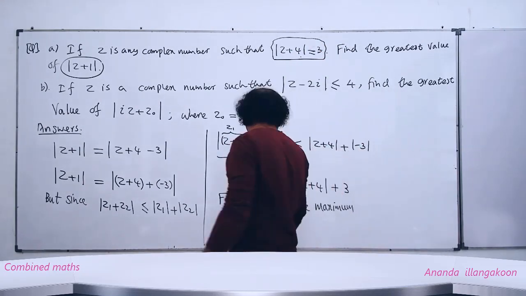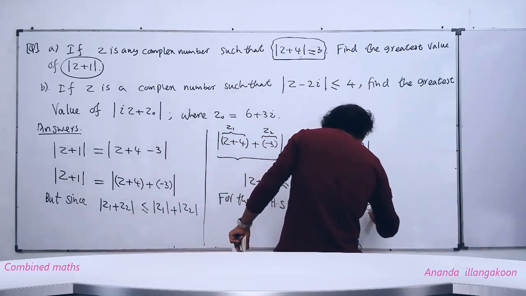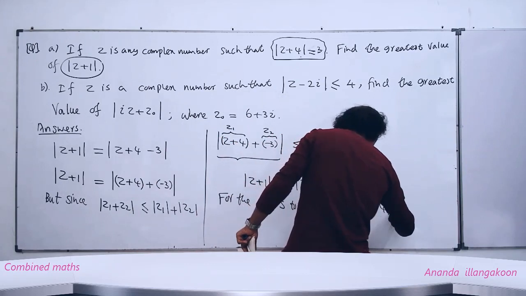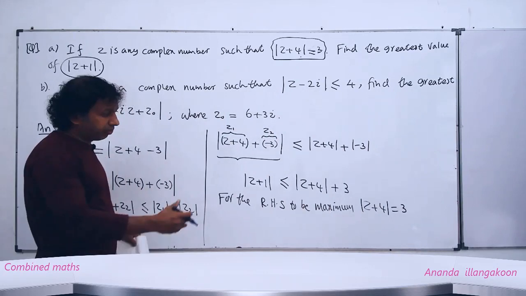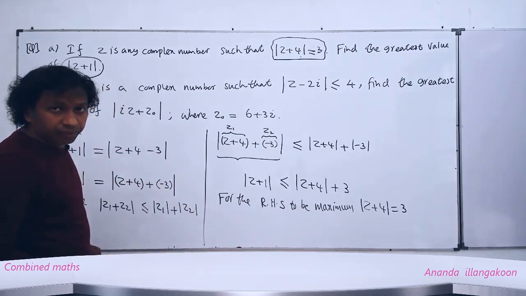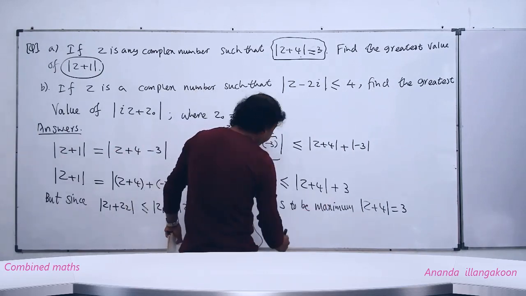It is 3. Then |Z + 4| should be equal to 3. The right hand side gets its maximum when this takes 3.